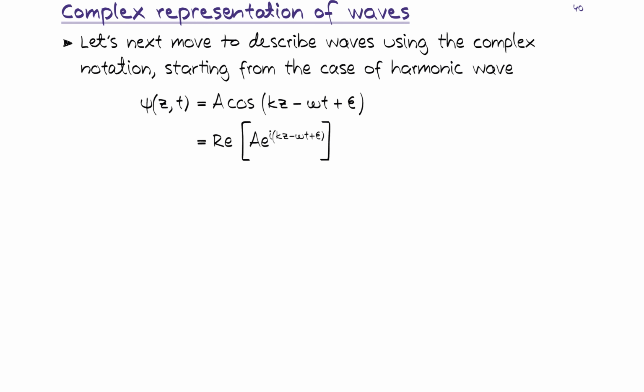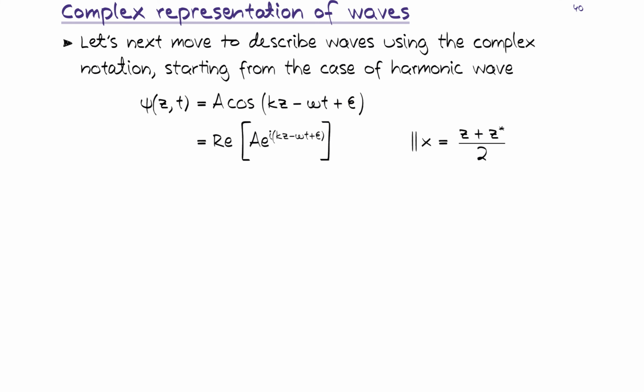The equality stands as long as we take the real part, and then we have the phase information written using the exponential notation, with the imaginary unit here. This is the kind of notation we will be using a lot in what follows in our course.